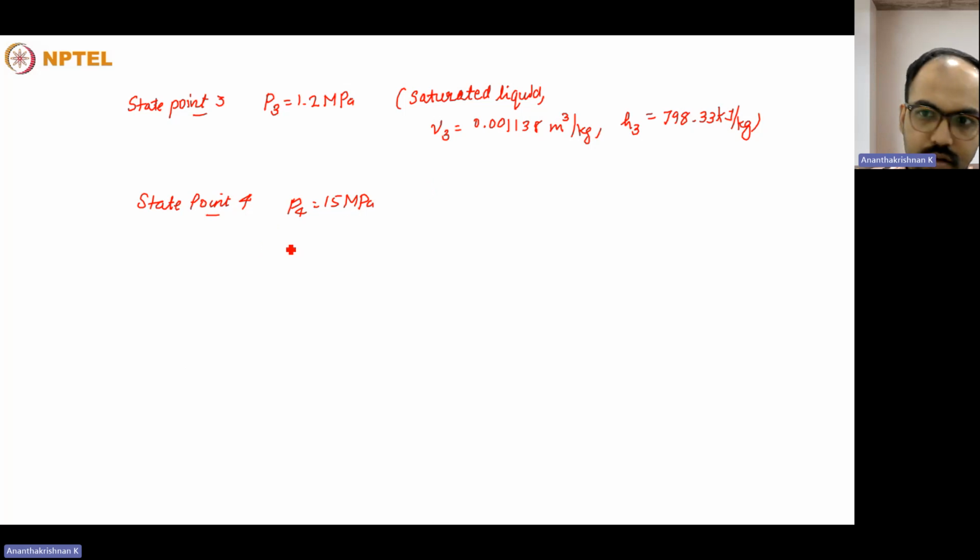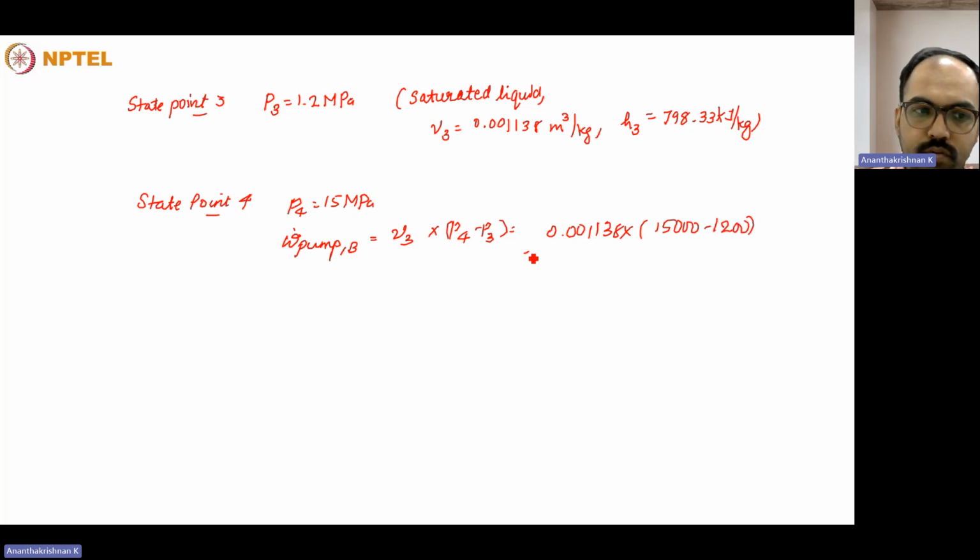Similar to the previous case, work done in pump B could be written as nu3 into P4 minus P3. So that will be equal to 0.001138 into P4, which is 15 megapascal, so 15,000, minus 1.2 megapascal, which is 1,200. So it will give us 15.7 kilojoule per kilogram.